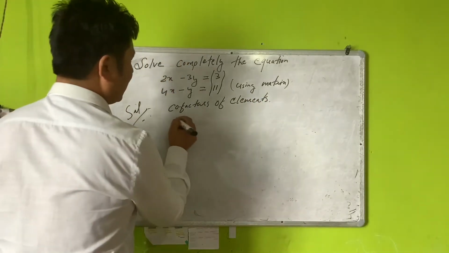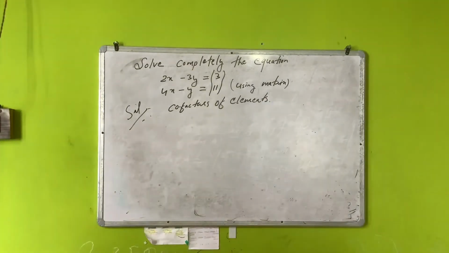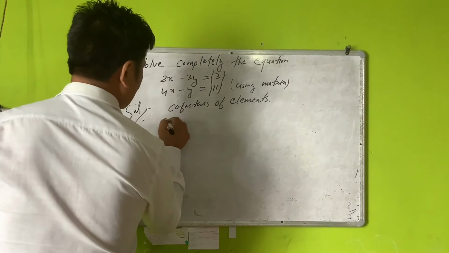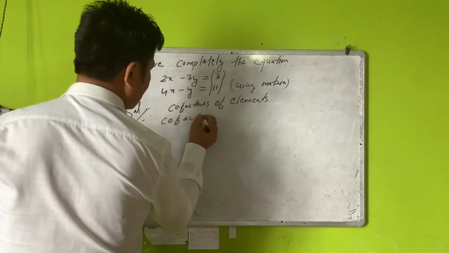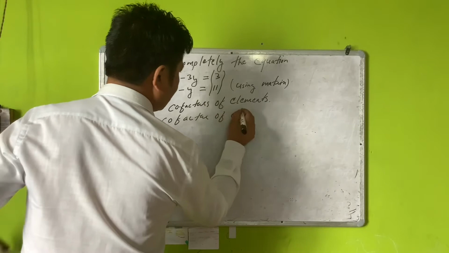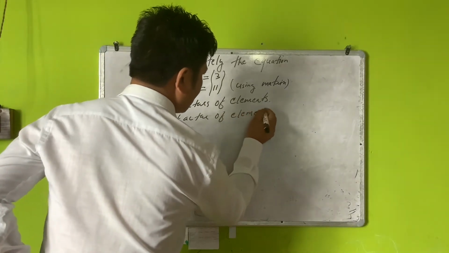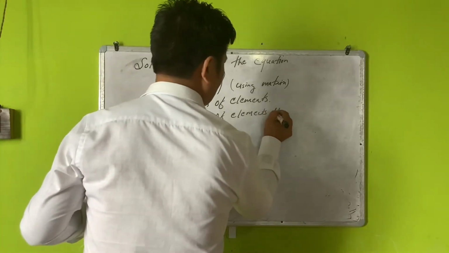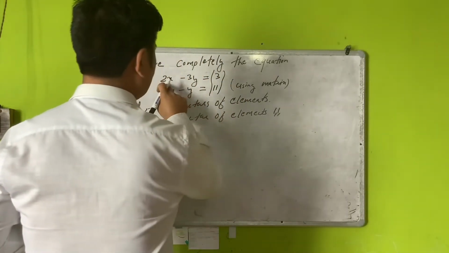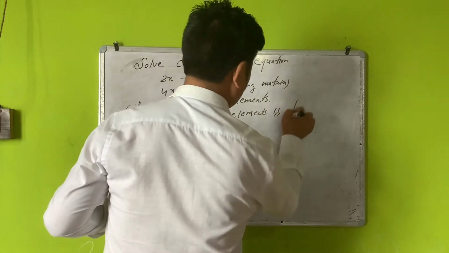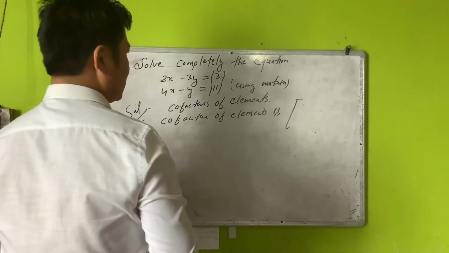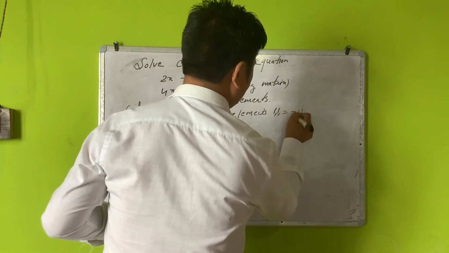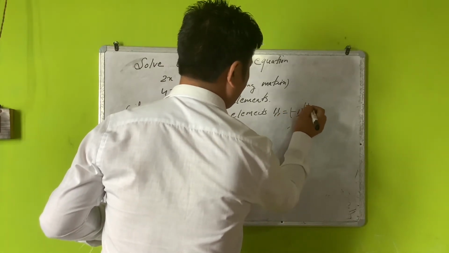First one is what? The cofactor of element 1 1. This is simply equal to (-1) to the power i plus j, where i is 1 and j is 1.